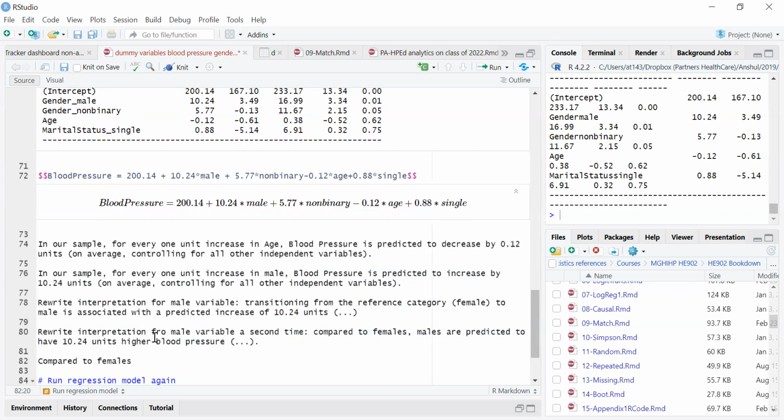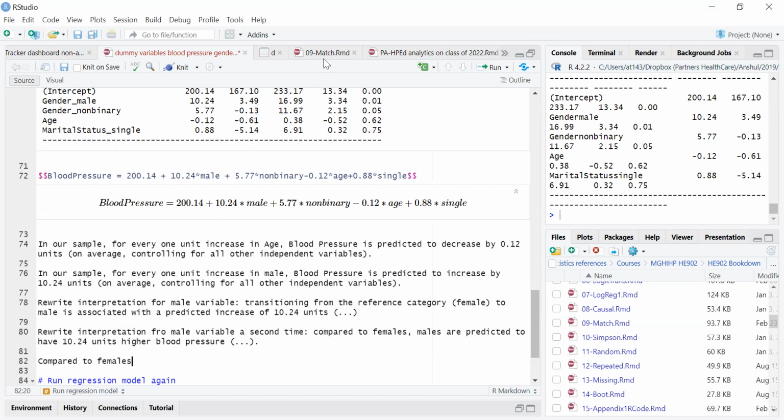So if you really wanted to study that, I would say the best thing to do is just rerun your regression model and leave either males or non-binary people out as the reference category. But usually we are fine with just running it once. We can get an estimate that the difference between males and non-binary people is approximately 10.24 minus 5.77.